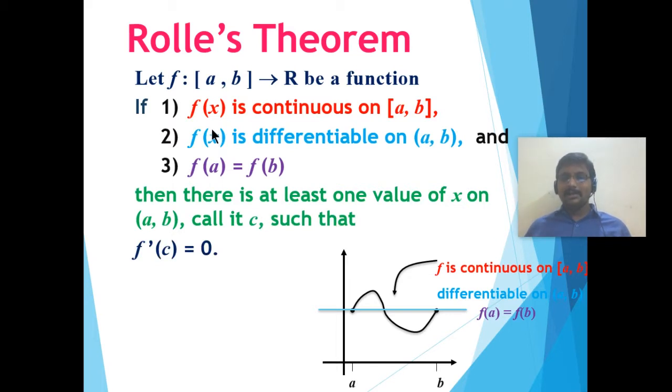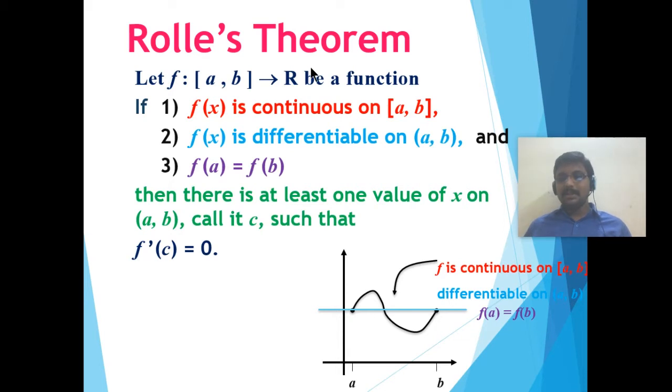So whenever the function f satisfies these 3 conditions, there exists a value of x in open interval a comma b, let it be some c, such that f dash of c must be 0. So it is the statement of Rolle's theorem.